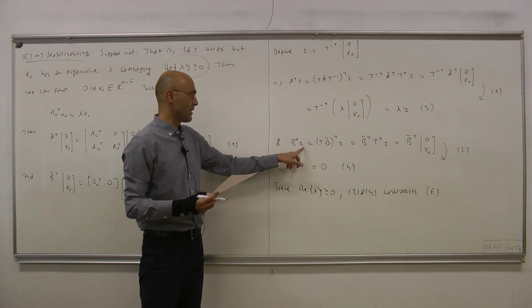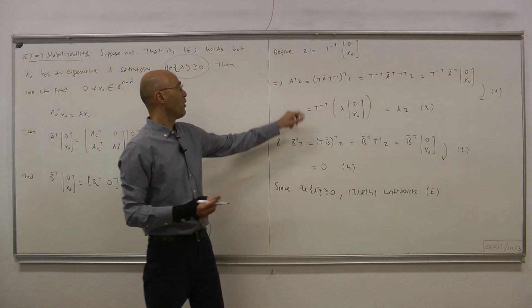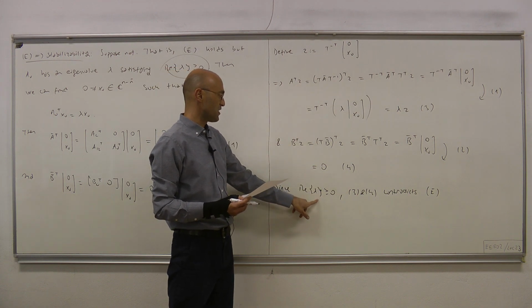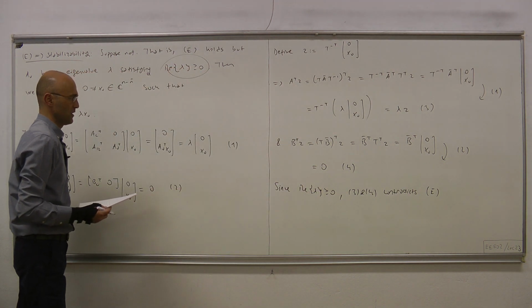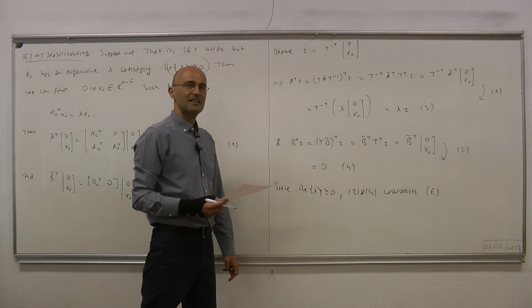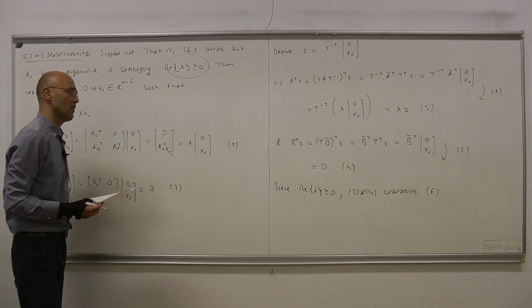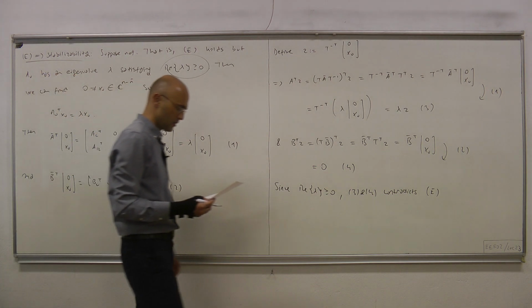That is, we have an eigenvector z of A transpose whose eigenvalue satisfies this, and also it belongs to the null space of B transpose. Okay, therefore the statement of E cannot hold, hence we have the contradiction.